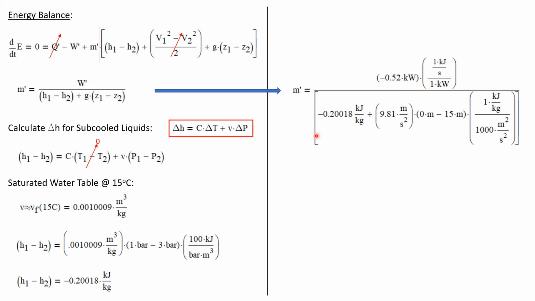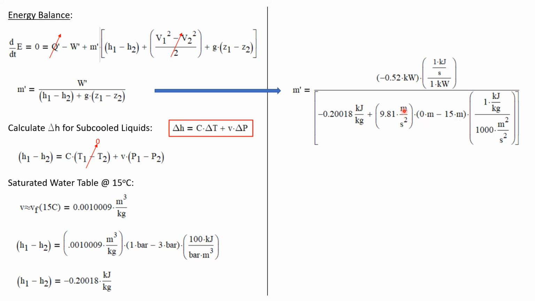That's our delta h term. And then we have our change in potential energy, which is the acceleration of gravity, times z1, which was at our datum of 0, minus z2, which was at an elevation of 15 meters above the datum.